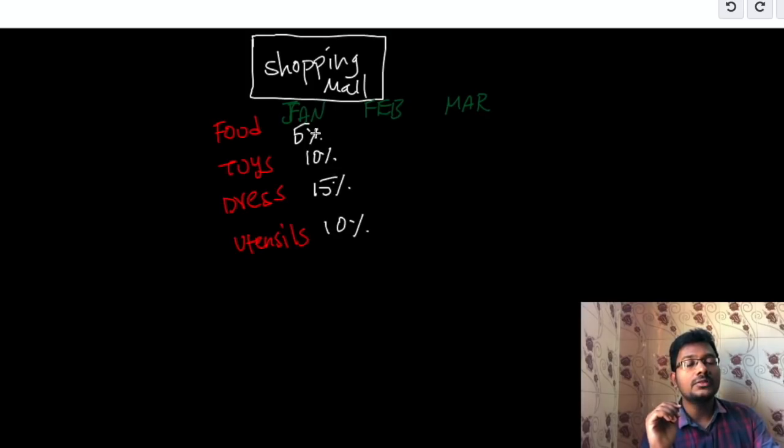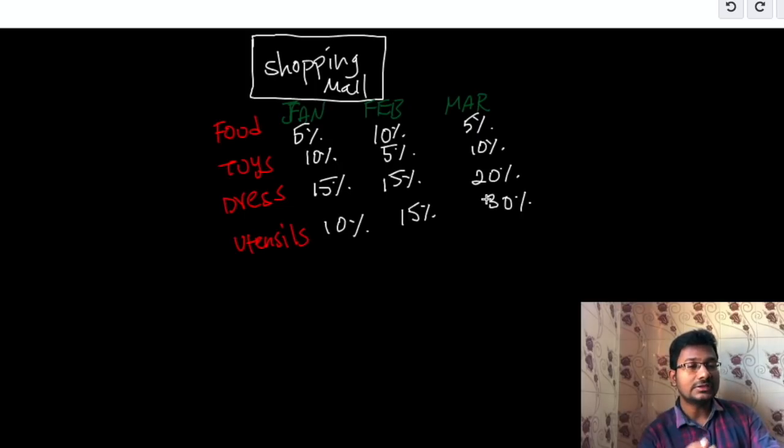For February month, the tax percentage varies. The government decides that the tax percentage for food is 10% for February month, 5% for toys, 15% for dress, and 15% for utensils. For March month, once again it varies: 5%, 10%, 20%, and then 30%. So for each month the tax is getting varied.